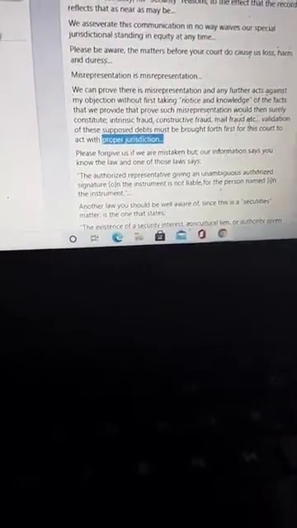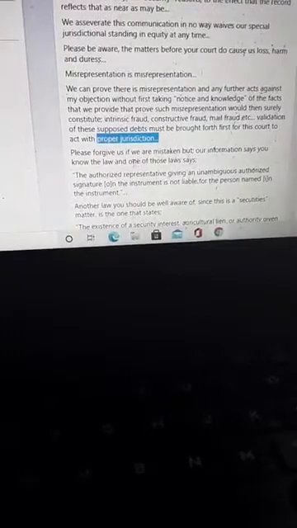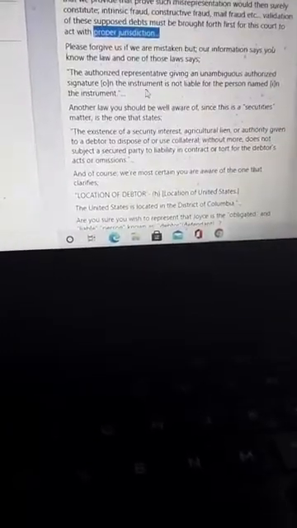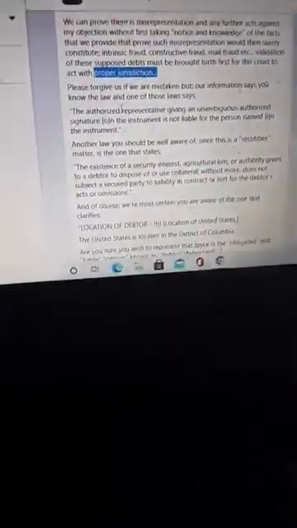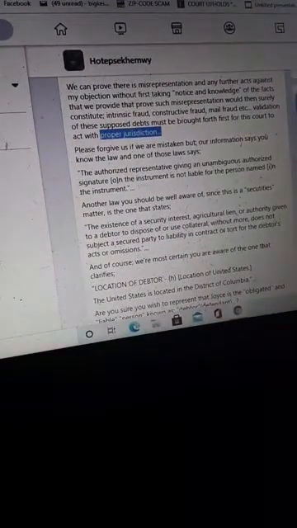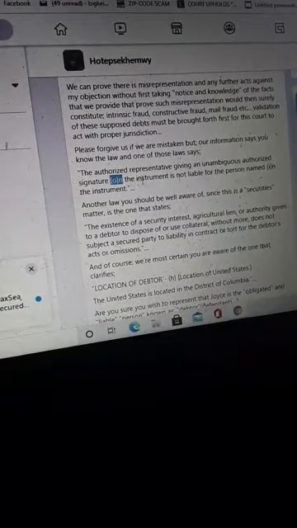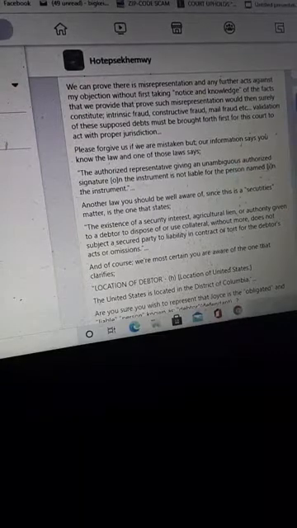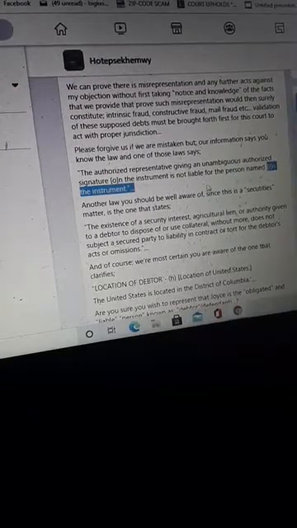Please forgive us if we are mistaken, but our information says you know the law, and one of those laws says the authorized representative giving an unambiguous authorized signature on the instrument is not liable for the person named in the instrument.